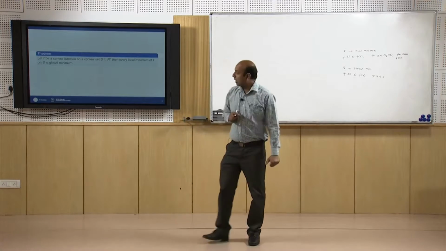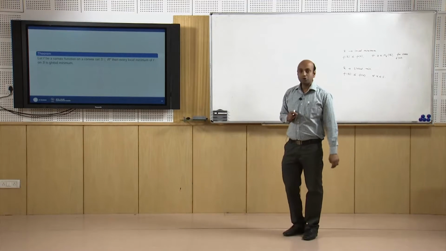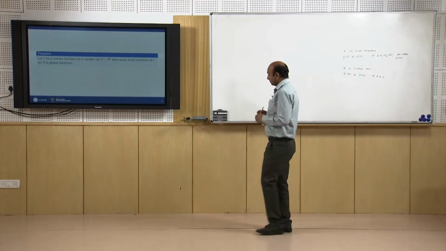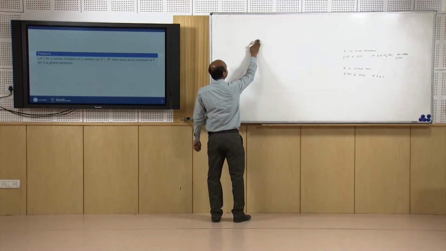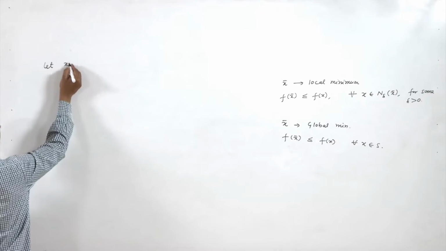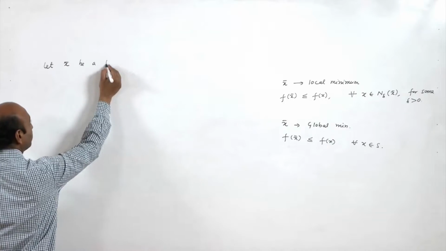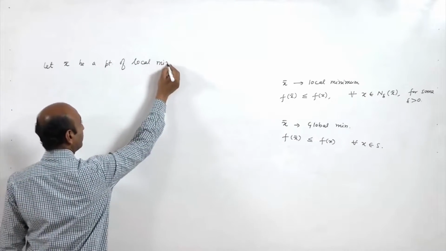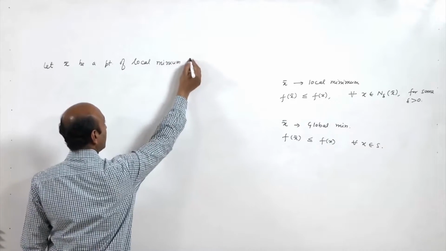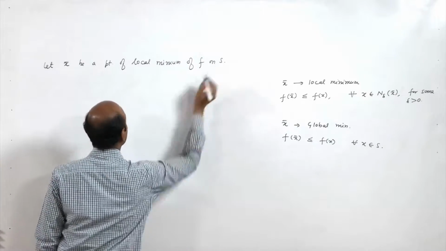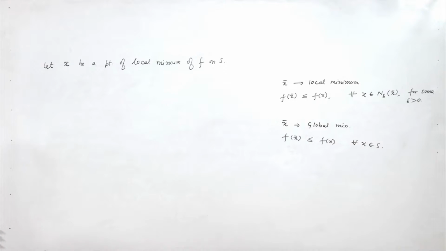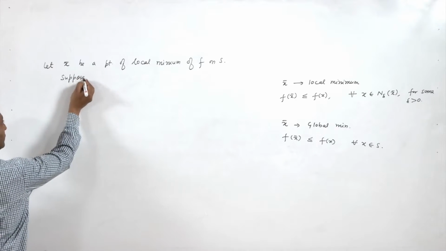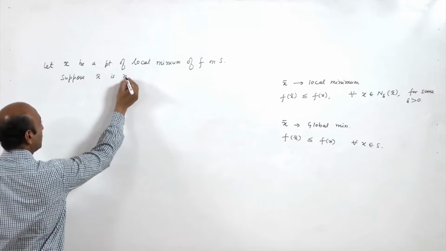Okay. Now, how we will show that if function is convex, then every local minimum is global. So, let x bar be a point of local minimum of f on S. And suppose x bar is not global minimum.